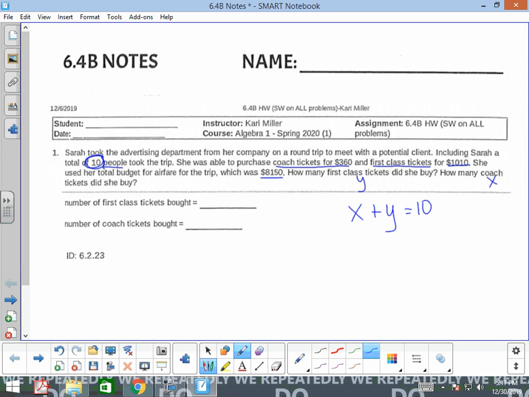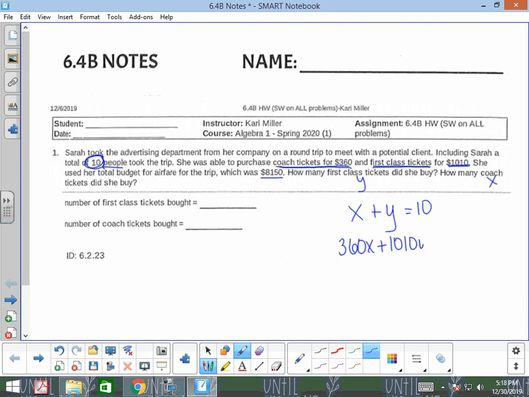For coach tickets, they're $360 each, so that's $360 times X. And then first class tickets is $1,010, plus 1,010 times Y, because Y is our first class tickets, equals the total cost amount, $8,150.